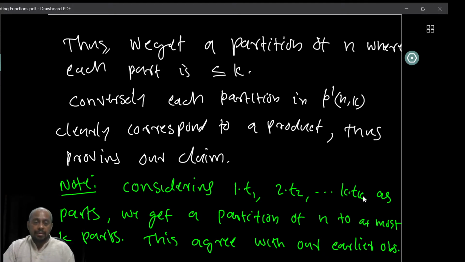So we see that the observation that we had looking at the Ferrers diagrams, by the rotation, the flipping of the conjugate of the Ferrers diagram, that there is a one-to-one correspondence between the partitions into at most k parts and partitions of size at most k. You also get a proof here, right?